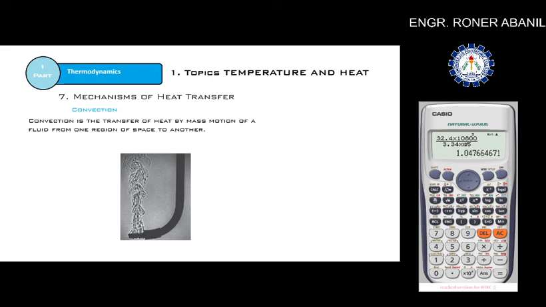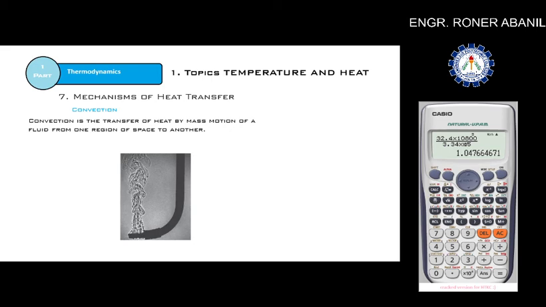Familiar example nito is yung tinatawag na hot air and hot water home heating system. If the fluid is circulated by a blower or pump, the process is called forced convection. If the flow is caused by differences in density due to thermal expansion, such as hot air rising, the process is called natural convection or free convection.